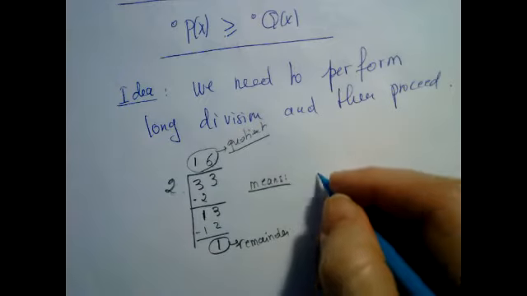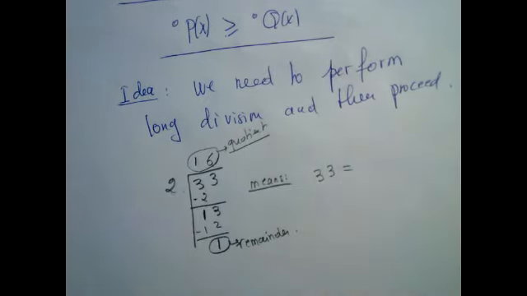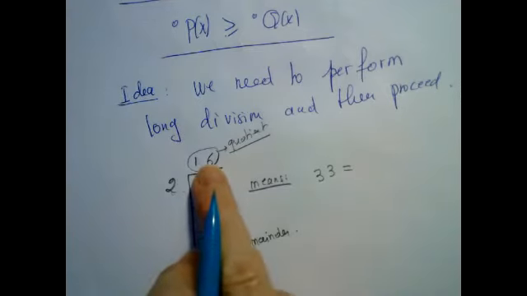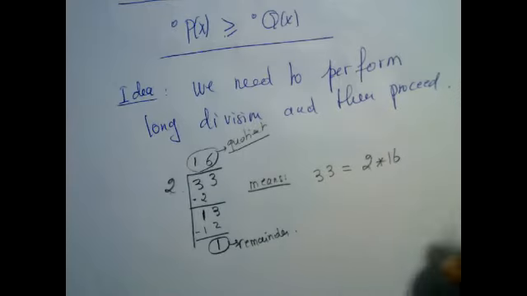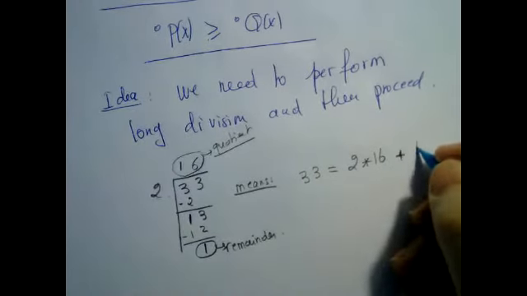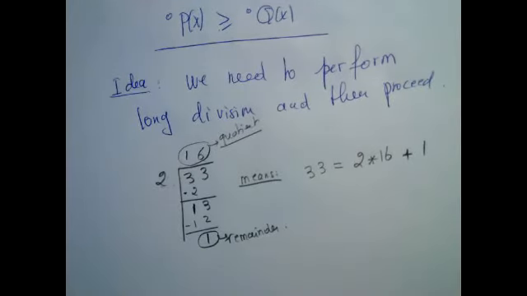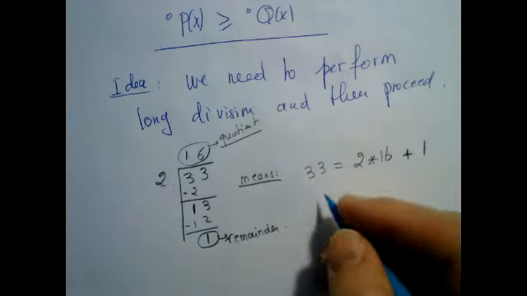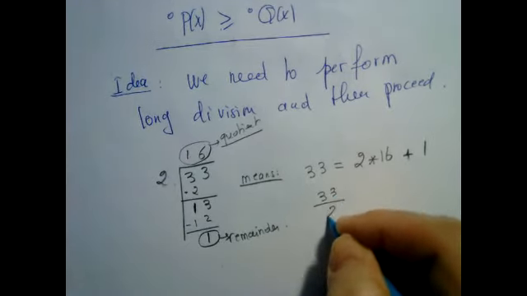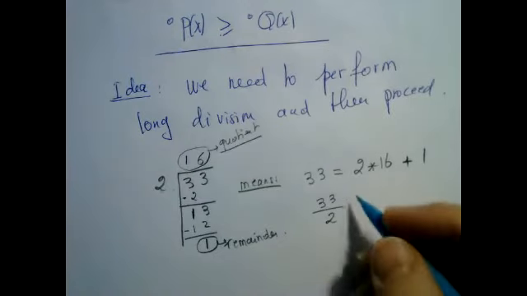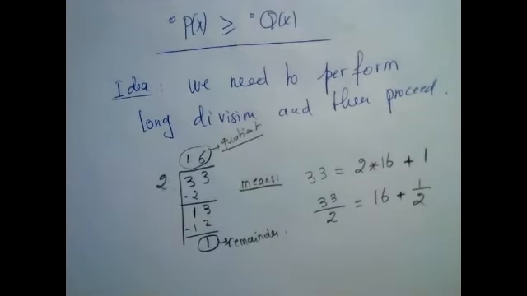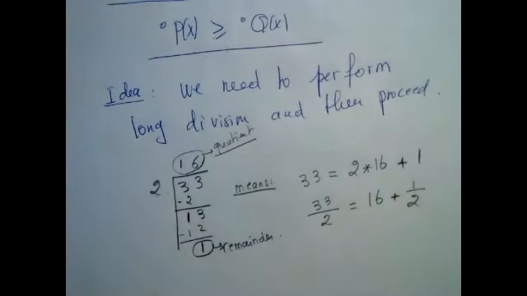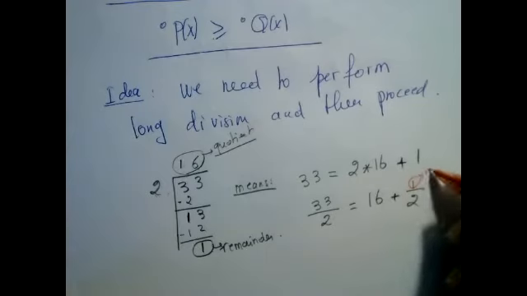So 33 is equal to 2 times 16 plus the remainder, 1. When you divide 33 by 2, you get 16 plus the remainder. So if I divide by 2 across, 33 divided by 2 gives me 16 plus a half. That's what it means: 33 divided by 2 is 16 plus a half. This one here is the remainder. That's important.